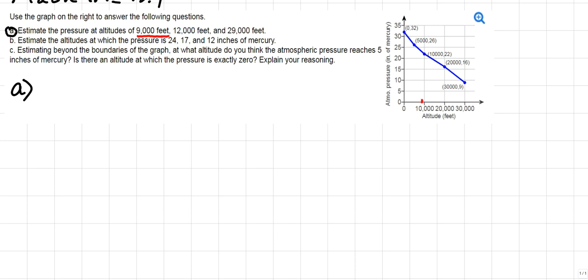Then we draw a vertical line so that we intersect the graph, and then a horizontal line back to the y-axis. We estimate, because it falls somewhere between 20 and 25, kind of in the middle. So for 9,000 feet, we're going to assume that the pressure is 23 inches of mercury.